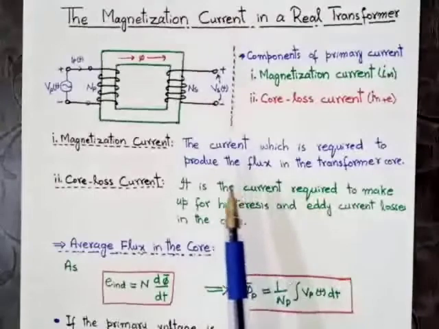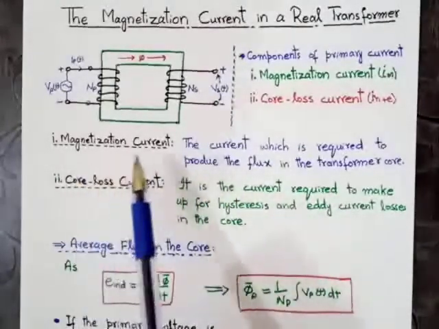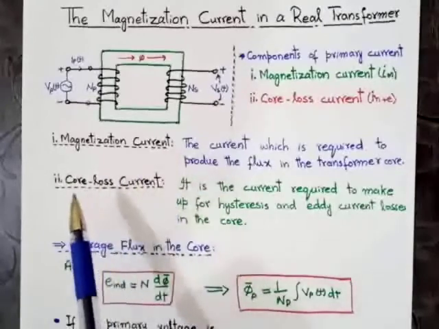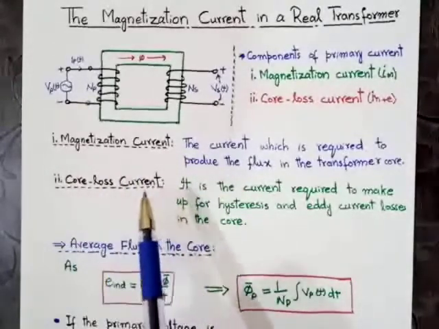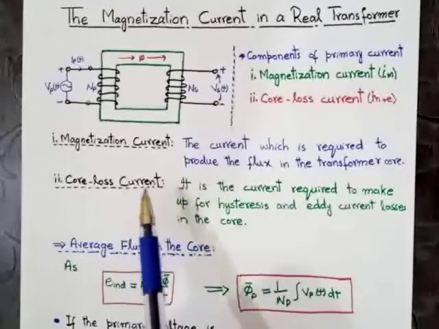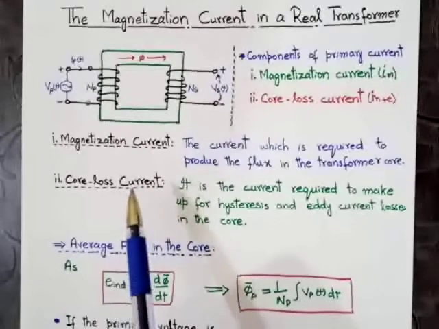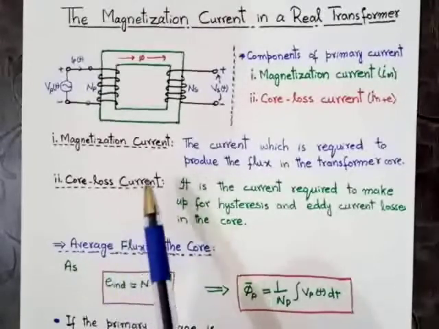Now we will discuss the shapes of the magnetization current Im and the core loss current IH plus E. That is, is the shape of these two currents AC or DC?